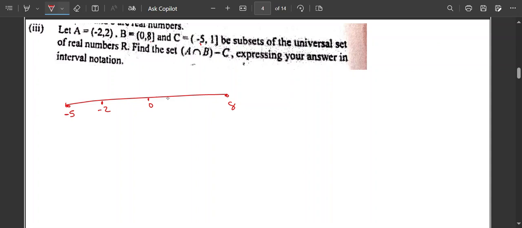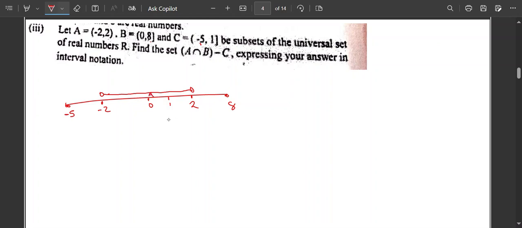I have 1 and also 2 there. So now I can bring those sets. So for A, A ranges from 2, to, they are all open by virtue of those brackets. Then this is our A.